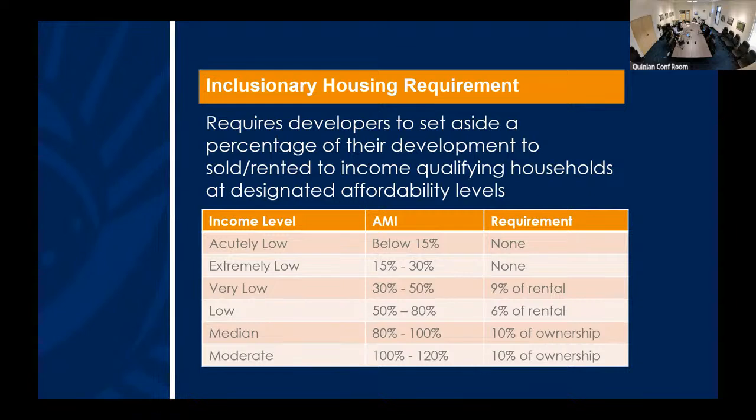The prevailing notion for the longest time has been somewhere between 15 to 20% of each market rate development, and each city adopted their own. It varies ever so slightly from city to city. The city of Cupertino decided to do 15% for rentals and then 20% for ownership.